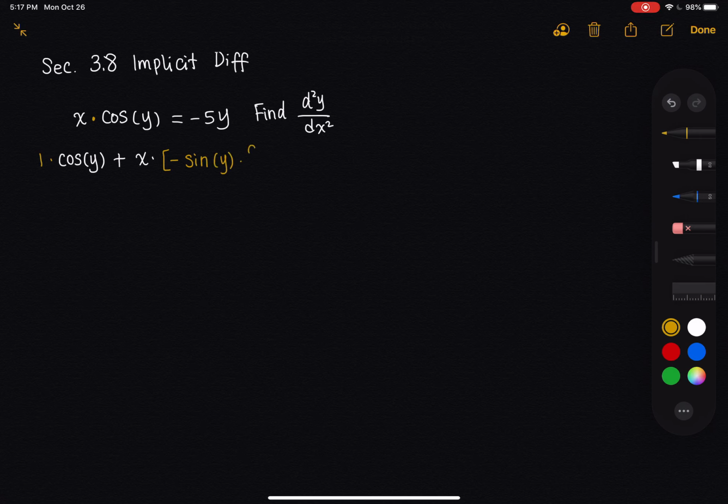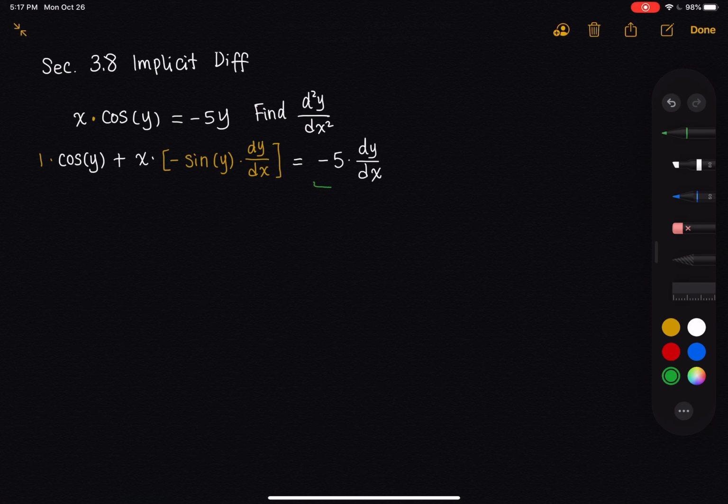Because of the chain rule, we gain a factor of dy over dx because y is a function of x. So that's the left hand side. Right hand side, we get negative 5 times dy over dx.